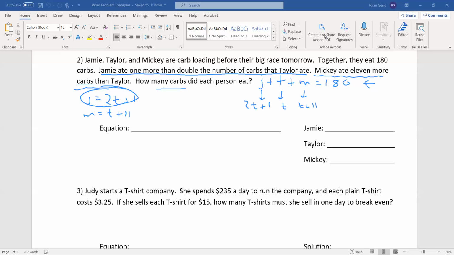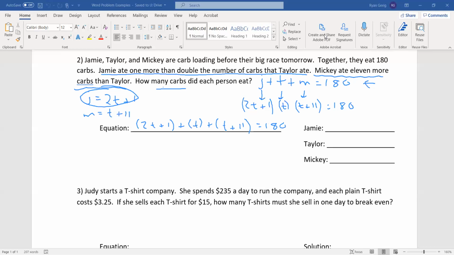So now every person in this example is in terms of Taylor, and I can make an equation from that. So my equation becomes 2t plus 1 plus t plus t plus 11 equals 180.